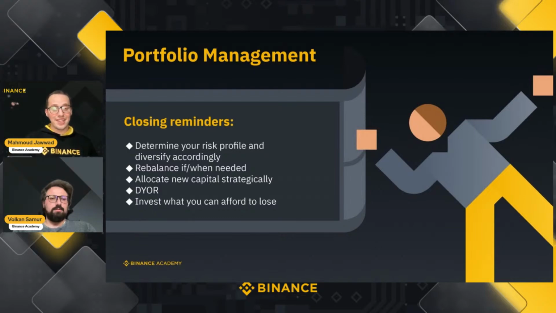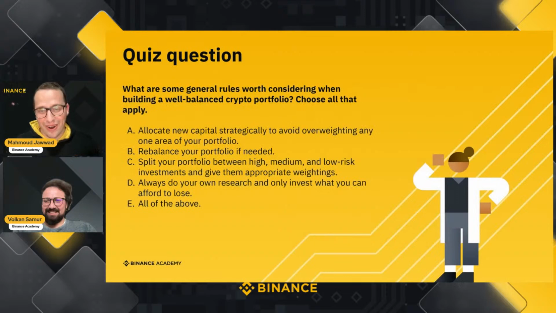So by saying this, I think we can give one more question to our audience, right? What are some general rules worth considering when building a well-balanced crypto portfolio? Choose all that apply. A, allocate new capital strategically to avoid overweighting any one area of your portfolio.